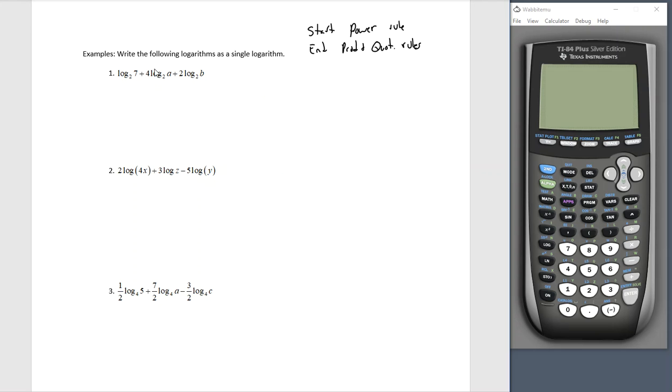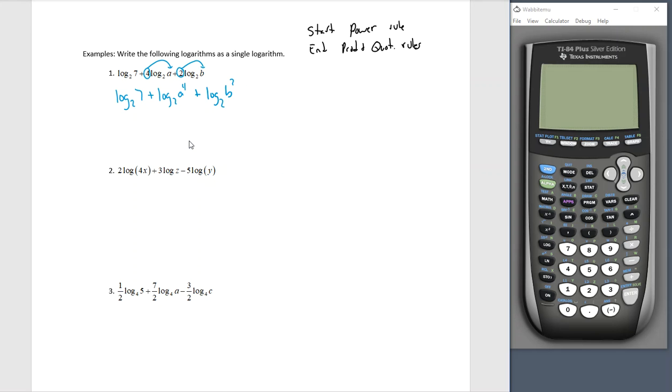The first thing we're going to do, we're going to take this 4 and we're going to put it on as an exponent of a, and we're going to take this 2 and we're going to put it on as an exponent of b, and we'll get log base 2 of 7 plus log base 2 of a to the 4th plus log base 2 of, oh, that's not a 2, that's a b. My hand was getting in front of my brain. A log base 2 of b squared. Now, notice all of these are log base 2, right? Log base 2, log base 2.